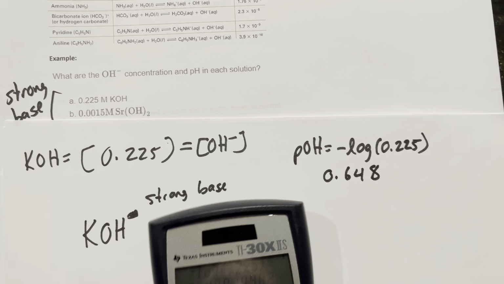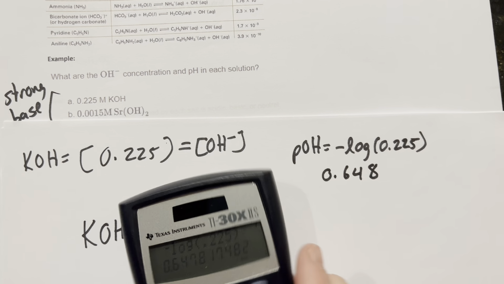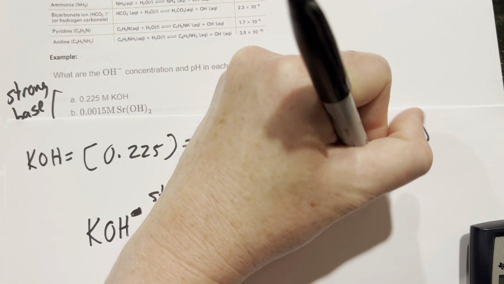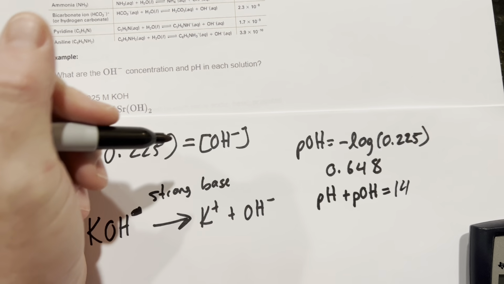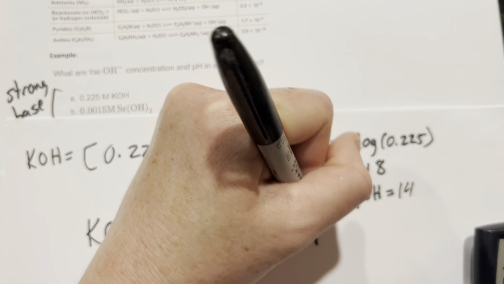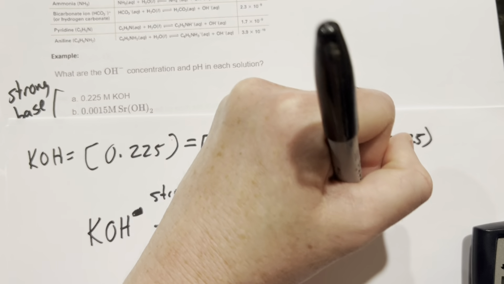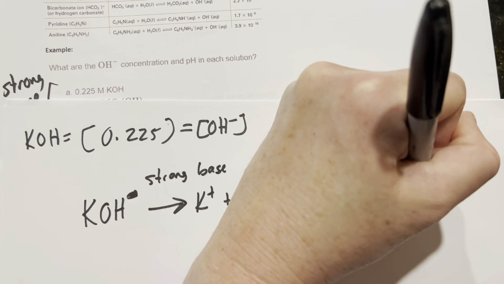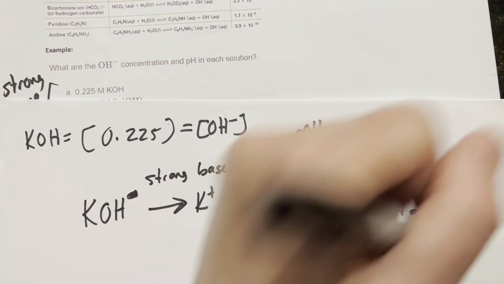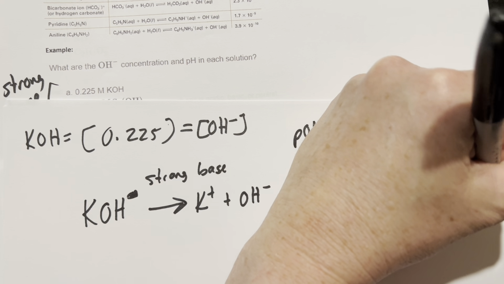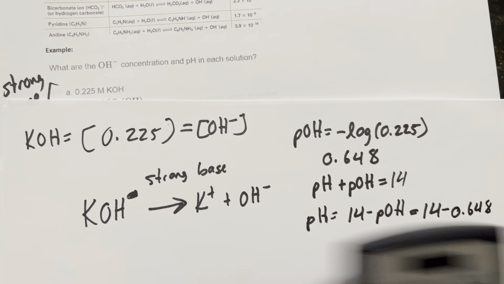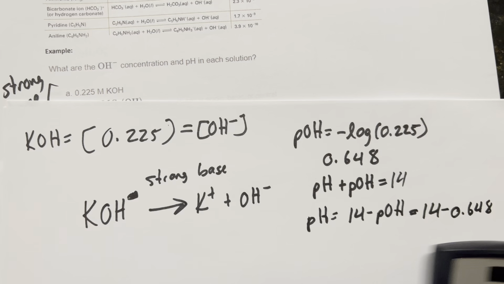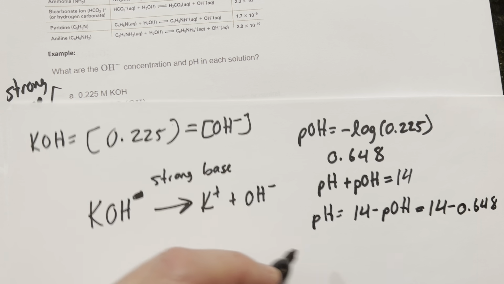Now once we have that, remember our pH plus pOH equals 14. In other words, our pH is going to equal 14 minus the pOH, which is 14 minus 0.648. So I usually just do it that way and then take the absolute value. So 13.3.